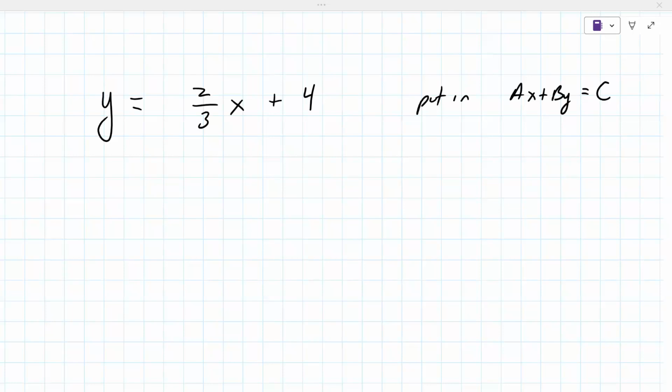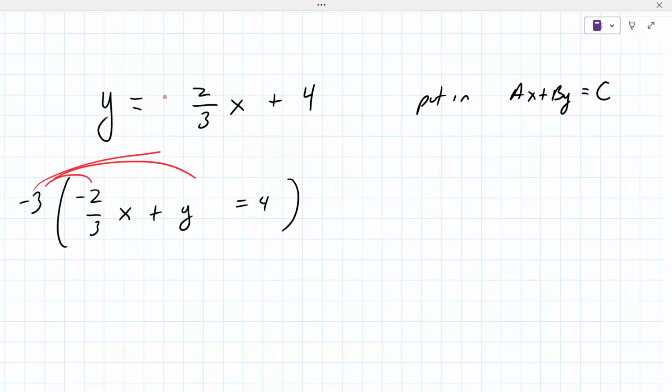So I was having a little trouble on what I was supposed to do with the 4. I multiplied -2/3 by -3, but I wasn't sure if I was supposed to also multiply 4 by that. Yeah, you multiply everything by, like you said, -3. So everything in the equation, all three terms.